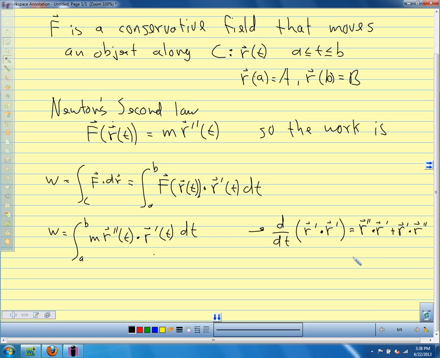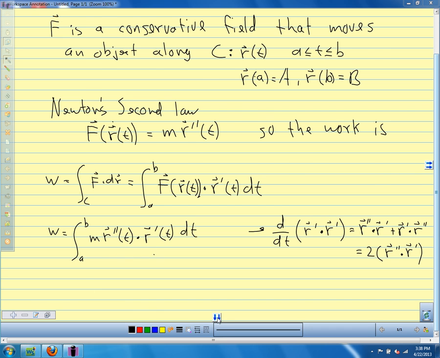So the derivative with respect to time of r prime dot r prime is 2 r double prime dot r prime. It was a while back that we talked about this product rule for derivatives of dot products. So looking at this quantity here, we have r double prime dot r prime.